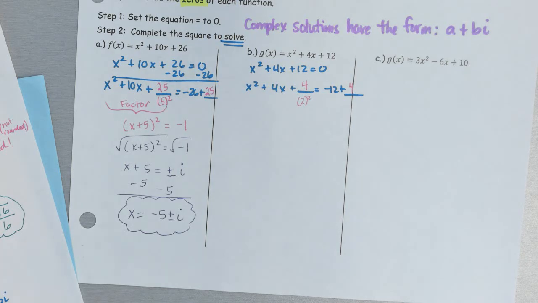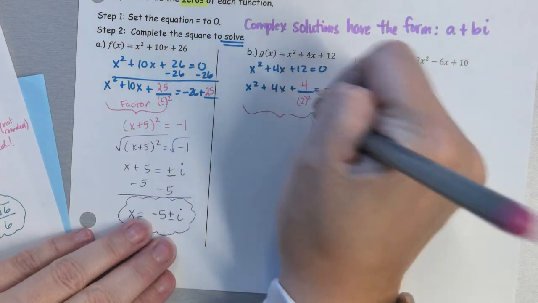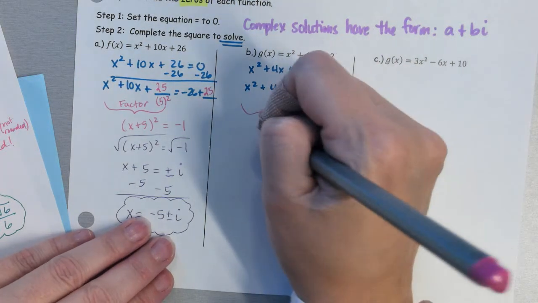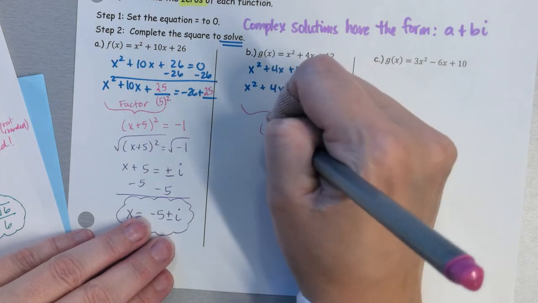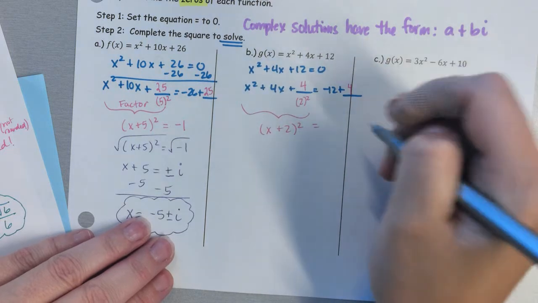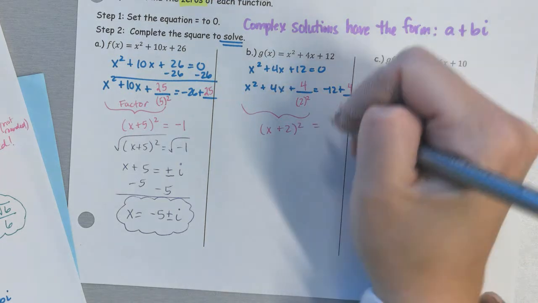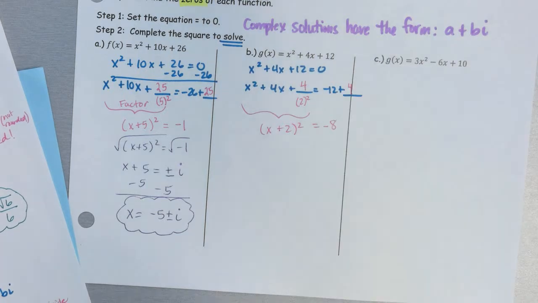Okay, and then Kate and F, will you tell me what you factored this into? Good, x plus 2 squared equals, okay, and then for this one, because your 12 is negative and your 4 is positive, that's going to be -8.